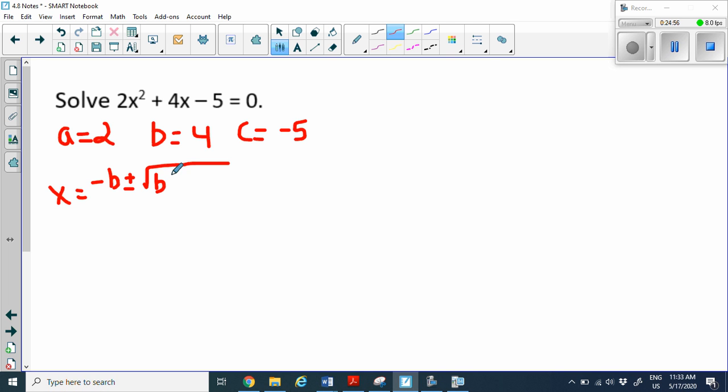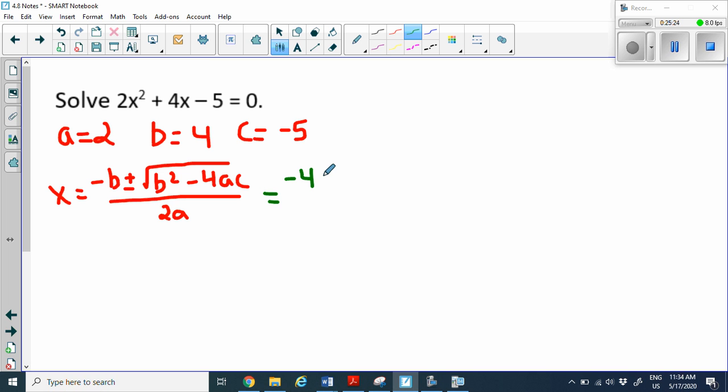And remember our formula here. I'm just rewriting it so you remember. And it's just easier, if you do write it out, to see where you need to plug everything in. So pause the video and plug in your A, B, and C into the quadratic formula. Okay, let's see if you got the same thing as I did. So our opposite of B, our 4 is positive, so the opposite sign would be negative.